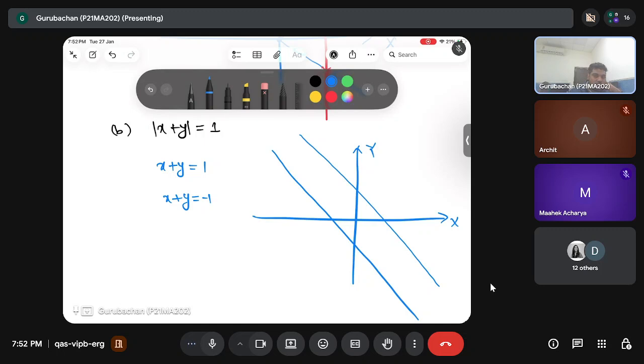Archit. Yes, sir. So if you draw a vertical line, it will cut at 2 points.